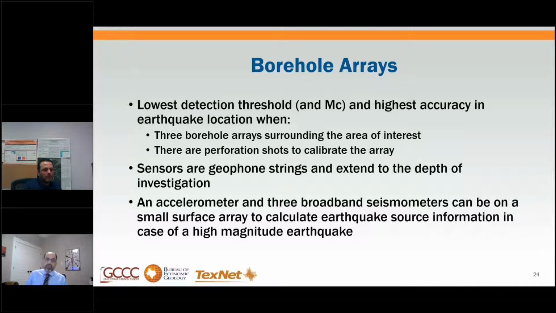Now, borehole arrays. Borehole arrays have the lowest detection threshold and magnitude of completeness, of course, and the highest accuracy in earthquake location. There are examples where you have three borehole arrays surrounding the area of interest, and then of course there are perforation shots to calibrate the array. The disadvantage of the borehole arrays is that they are very high cost, really very high cost.